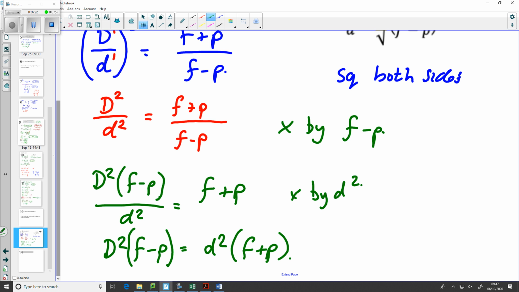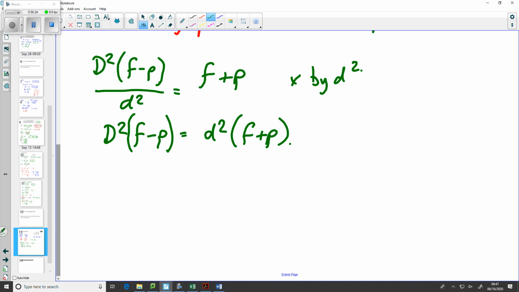There's brackets there as well. Multiply the brackets, you think? Right. D squared F minus D squared P equals little d squared F plus little d squared little p.